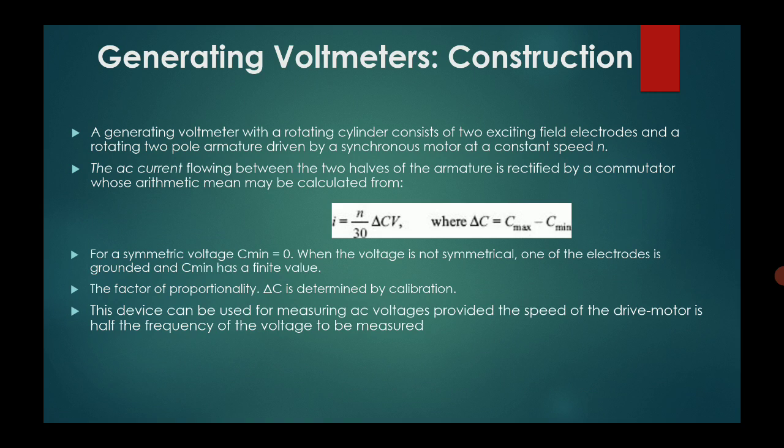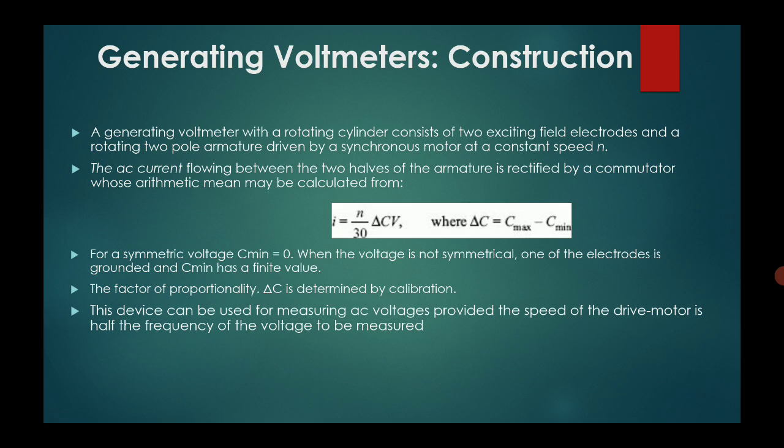A generating voltmeter with a rotating cylinder consists of two exciting field electrodes and a rotating two-pole armature driven by a synchronous motor at a constant speed n. The AC current flowing between the two halves of the armature is rectified by a commutator, whose arithmetic mean may be calculated from the equation given below.